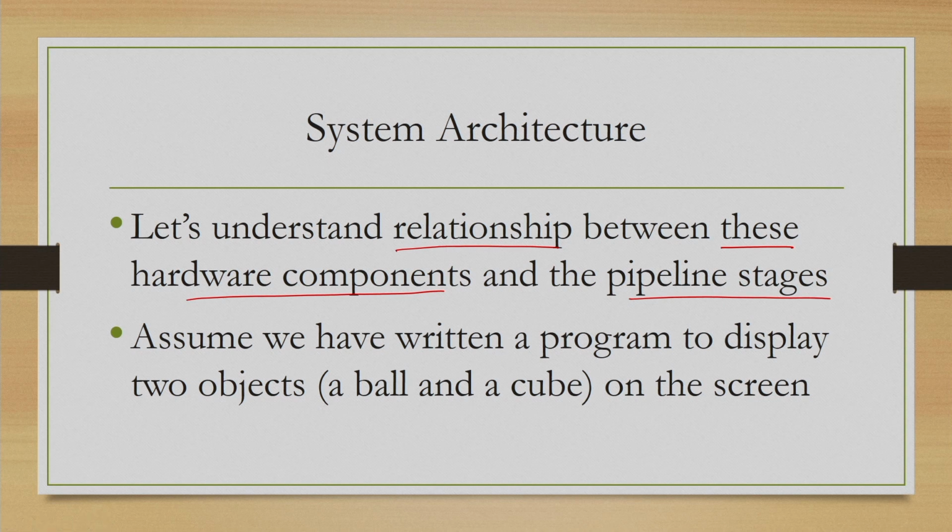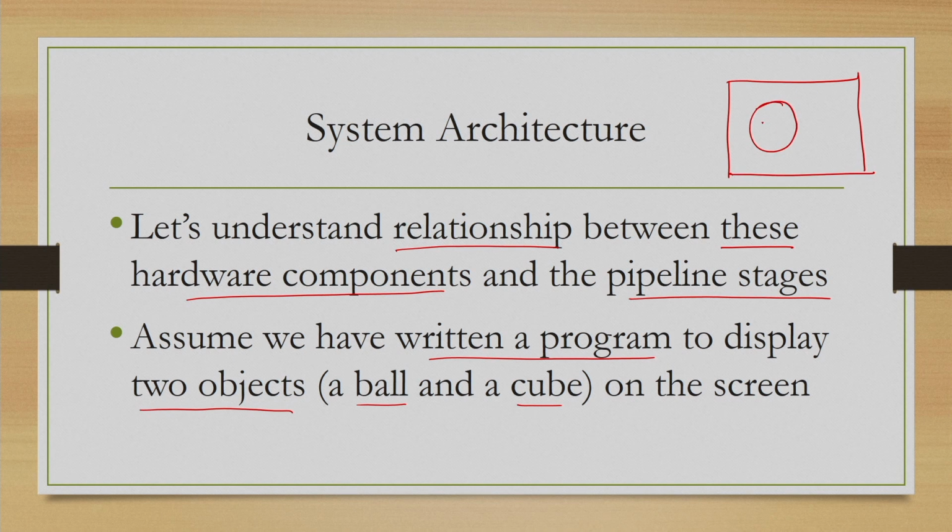Let us assume that we have written a program to display two objects on the screen. A very simple image having only a ball and a cube, something like this. So, this is the screen. Here we will show a ball, maybe with some lines, and a cube.